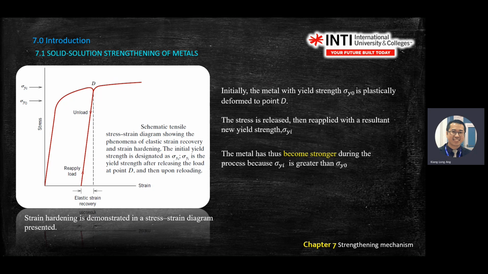By this process, the metal becomes stronger. As you can see, from here, maybe from here, it reaches here. I think something is wrong with the graph. It means the D may originally be here, and it will reach here.